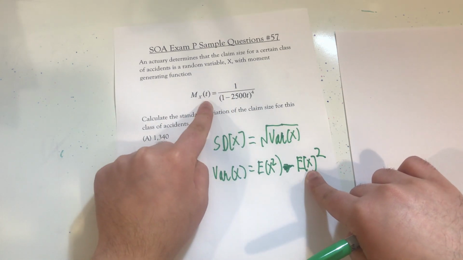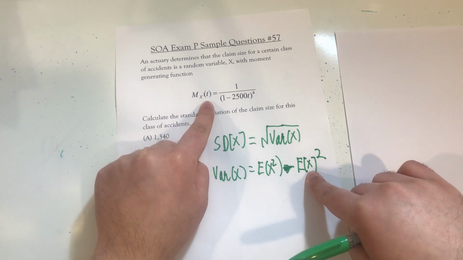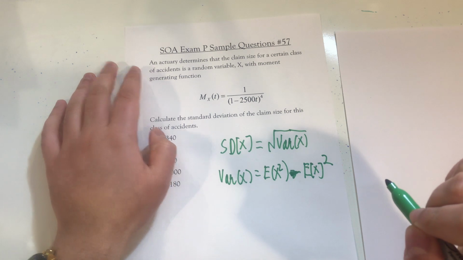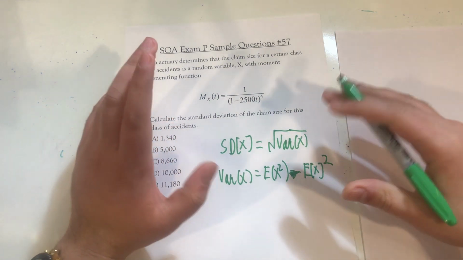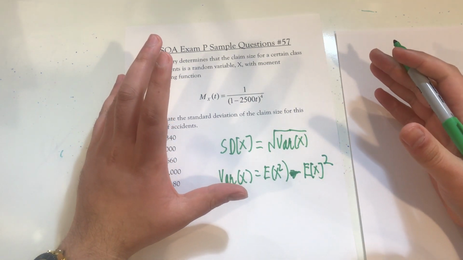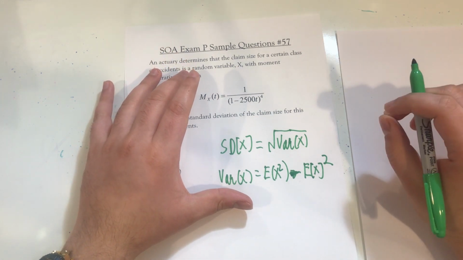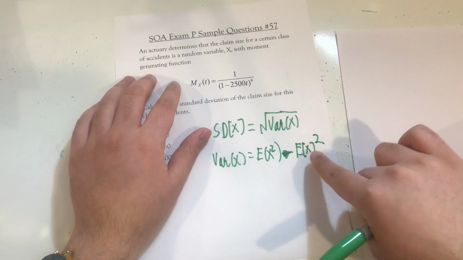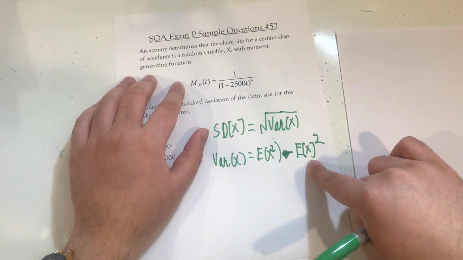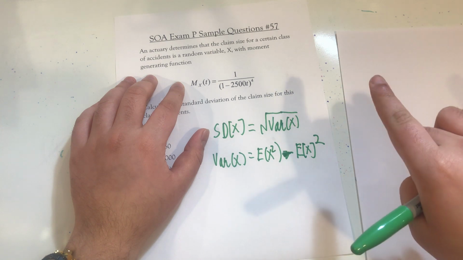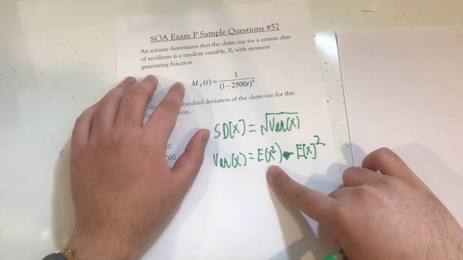We're only given the moment generating function. One crucial fact about a moment generating function is that if you take the first derivative and evaluate it at 0, you will get the first moment. If you take the second derivative and evaluate it at 0, you get the second moment.